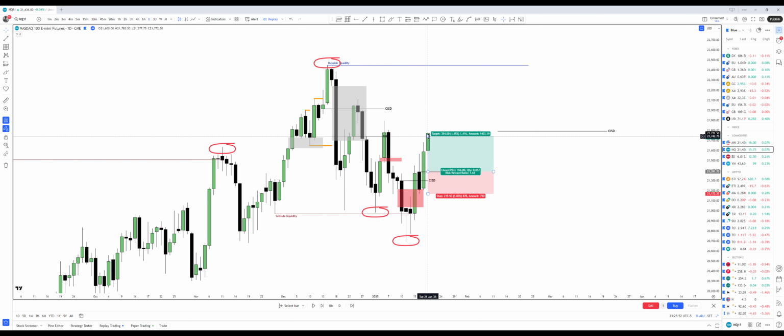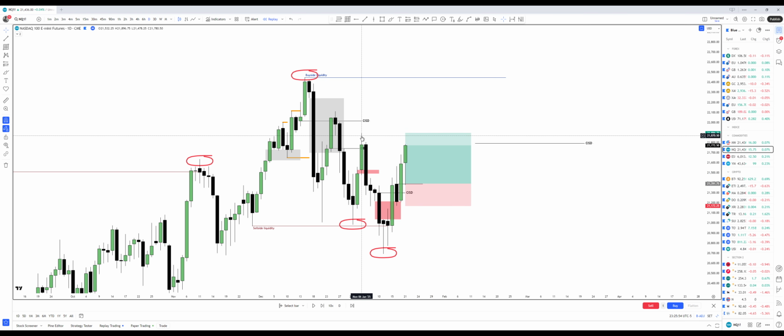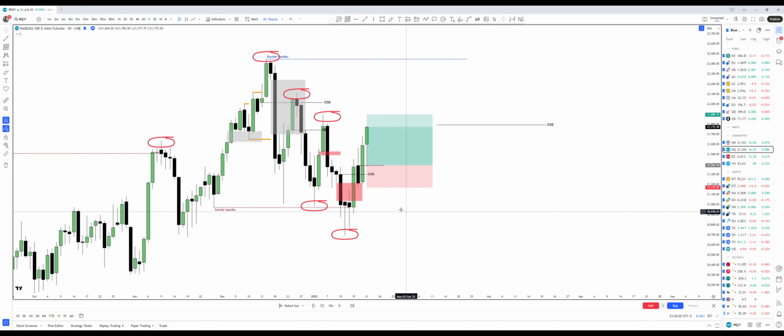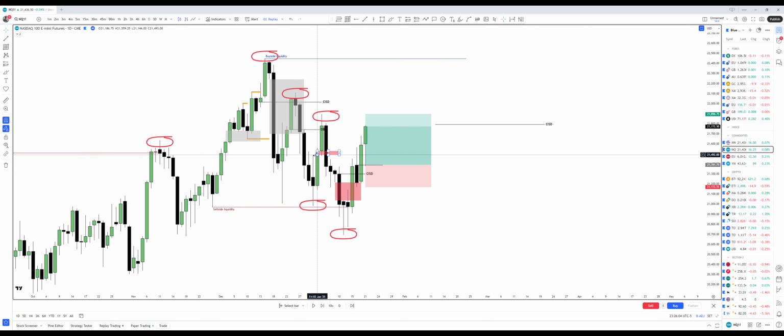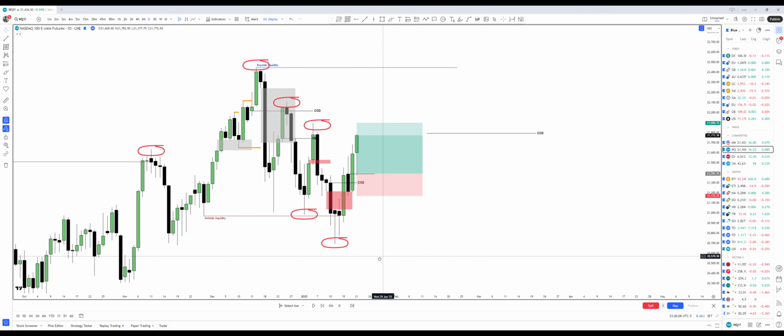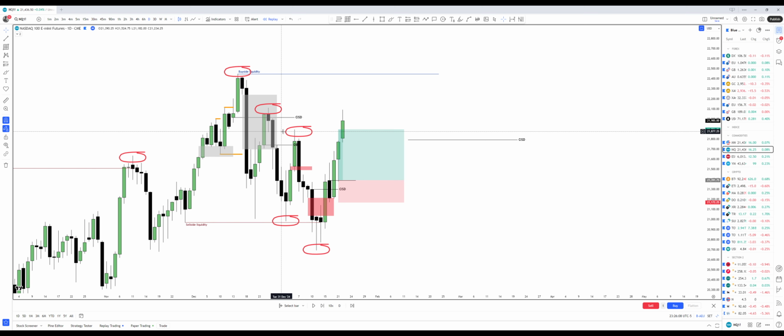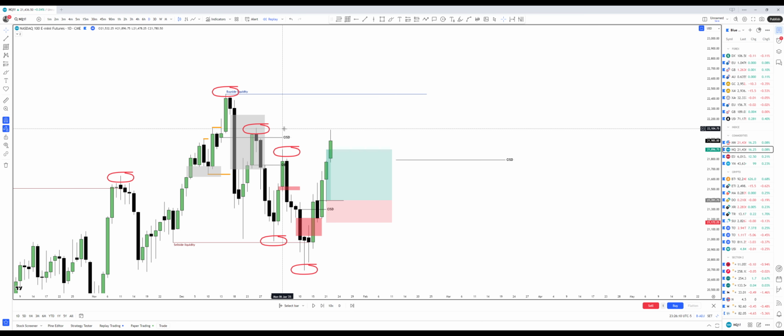Now targeting what? Buy side liquidity, swing highs, resting liquidity resting here. Sorry about that. Why? Because now price has shifted gears from being bearish to bullish. Target one met. All right.